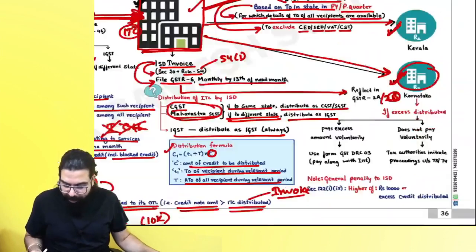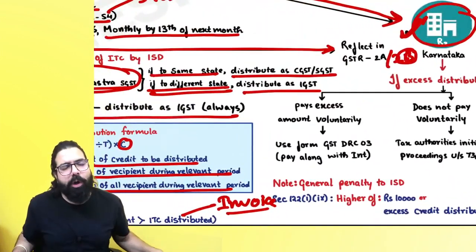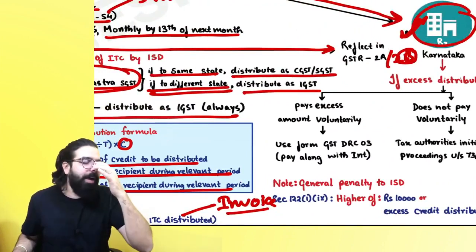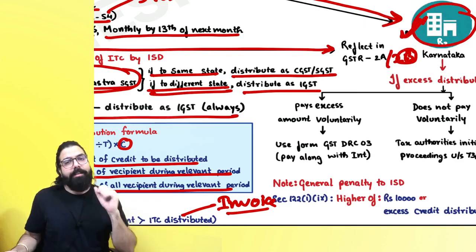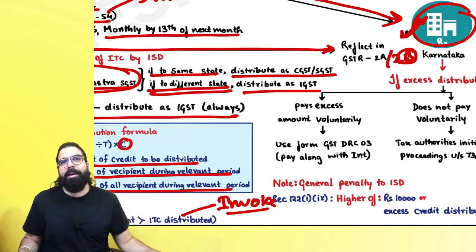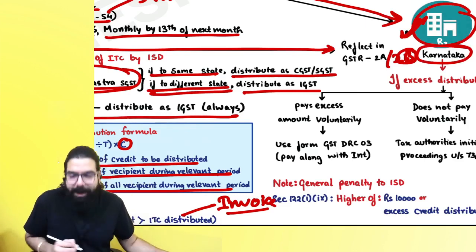The last point is on the recipient side. If the branch has distributed some wrong credit, the branch should rectify it by issuing a credit note. But suppose the branch has been distributed some extra credit and does not rectify it, for example, Karnataka branch was given some extra credit.